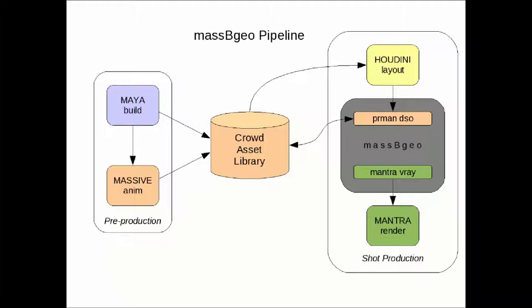Then in order to be able to render those people, we built this thing we call the Mass BGO, which is a bridge between Massive and Mantra.